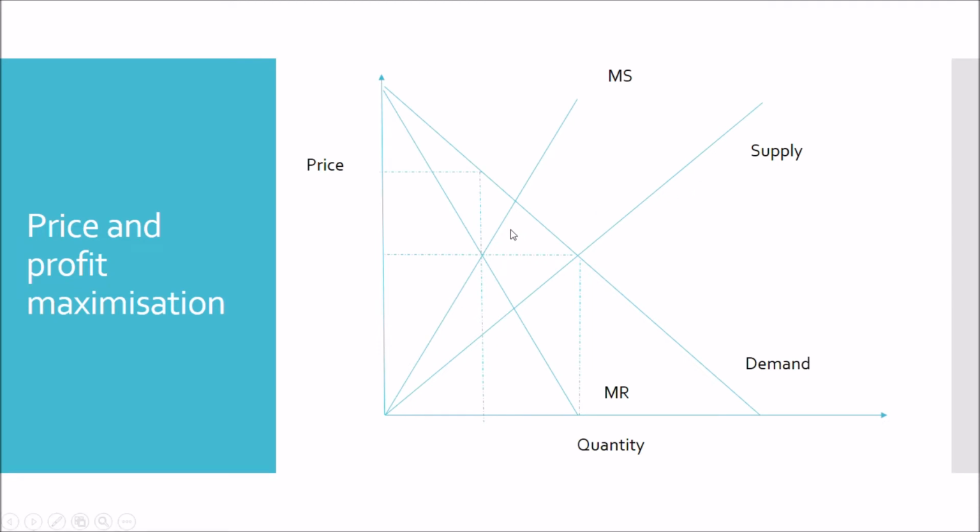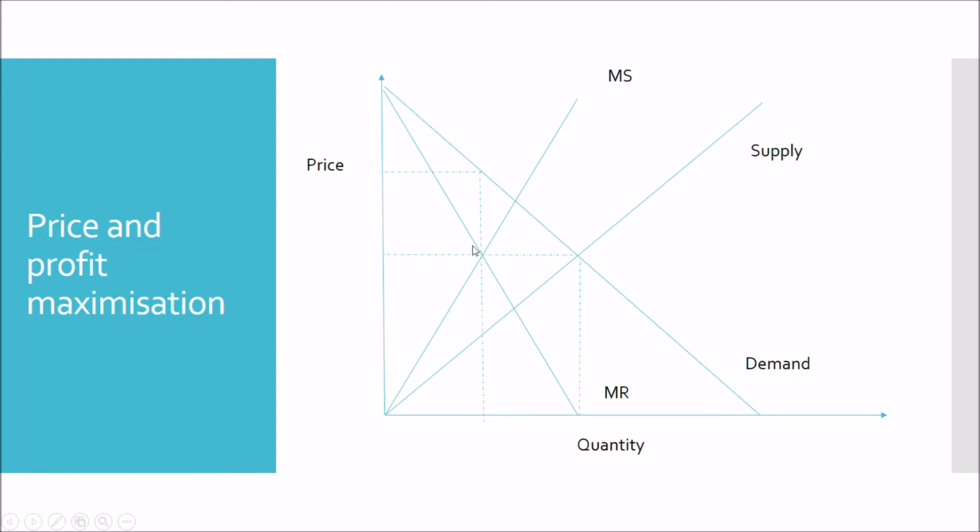So the marginal cost of supply is higher than the marginal revenue, so I don't supply there. So in a position where I can manipulate and restrict the quantity that's going to be supplied into the market, I will restrict it to the point where marginal cost is equal to marginal revenue, where the marginal supply curve is equal to the marginal revenue curve here. Often seen as MC equals MR.